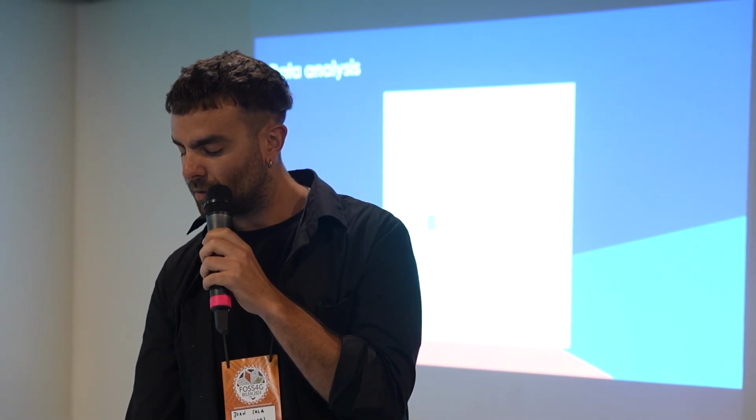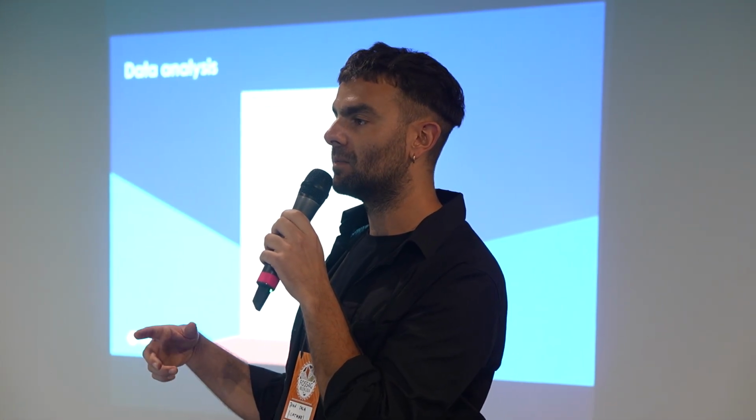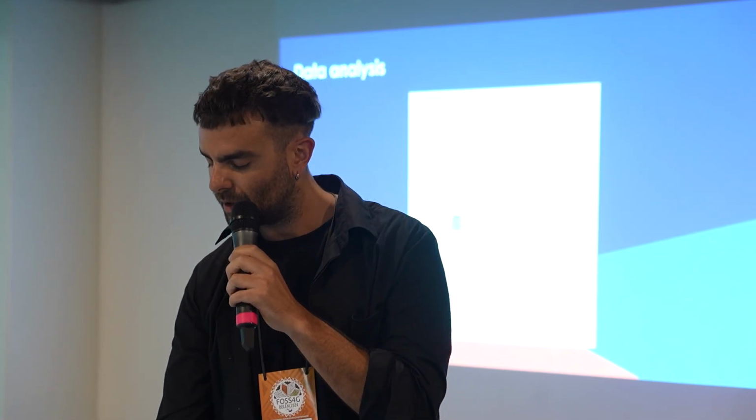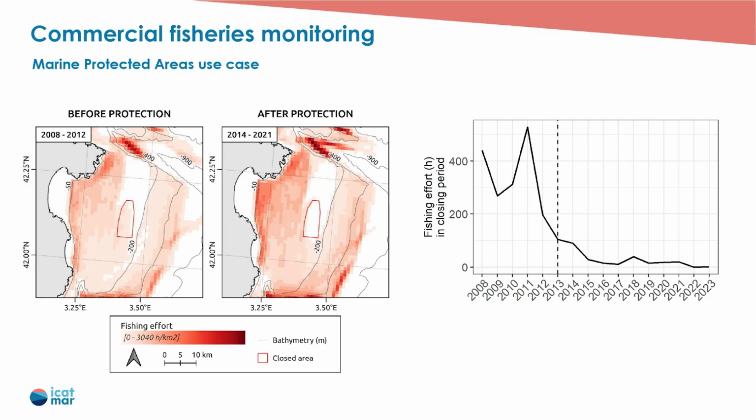And then obviously we can connect to the database through many different applications, such as R or QGIS, and we also use Python scripts. And now I'm going to explain a short use case of what we use this data for, which is marine protected areas monitoring.